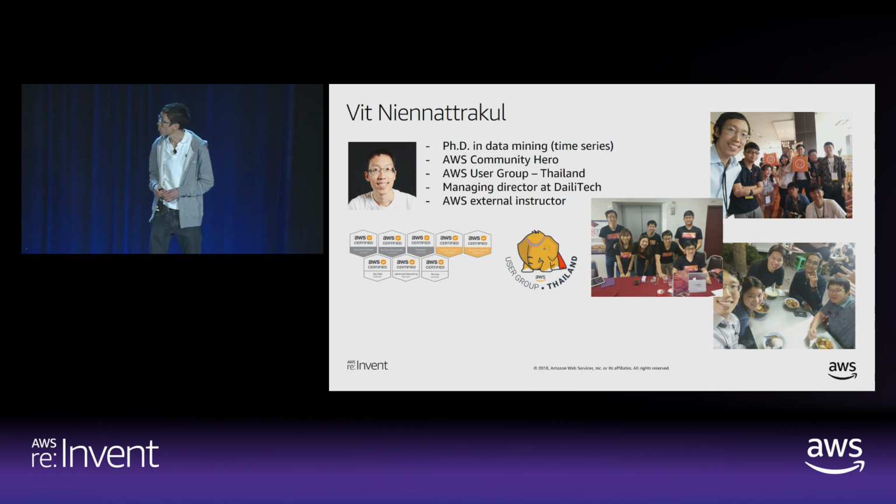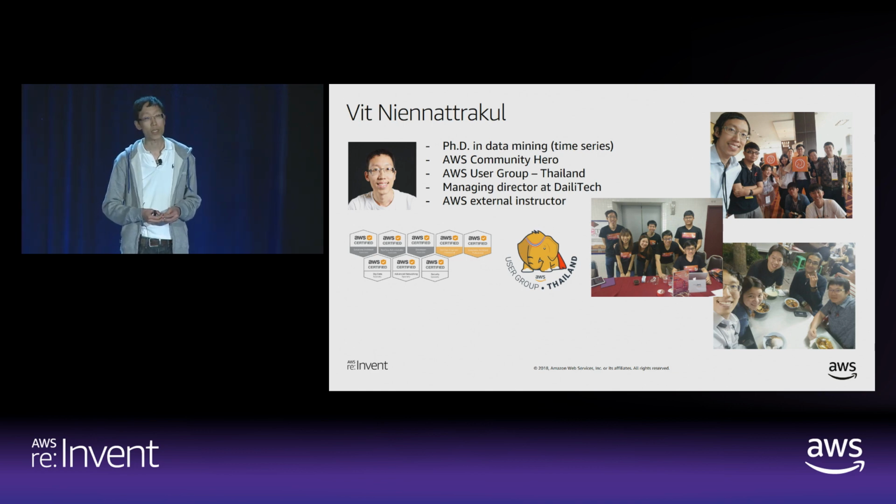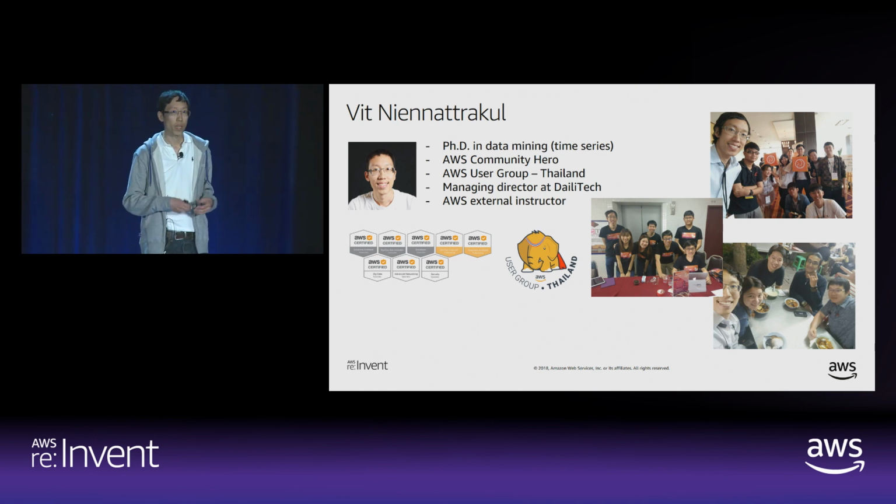So here's the elephant, the logo of the user group from Thailand. It's an elephant, right? It's a super elephant. We do many activities, for example meetups, DevOps sessions, and workshops. And we also have a lot of support from AWS, especially from the evangelist, Donnie, who is very supportive of our user groups.